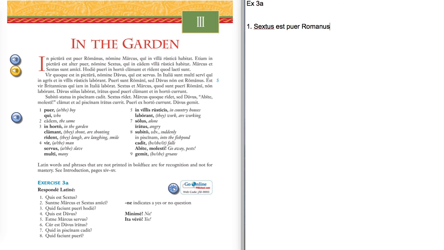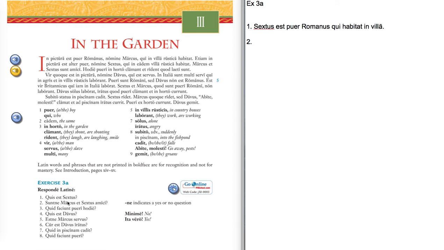And then if we wanted to get more fancy, we could say Sextus est puer Romanus qui habitat in villa... well, no. I think that's probably about as far as we can go there, and that should be a long A. And that would be a reasonable answer for number one.